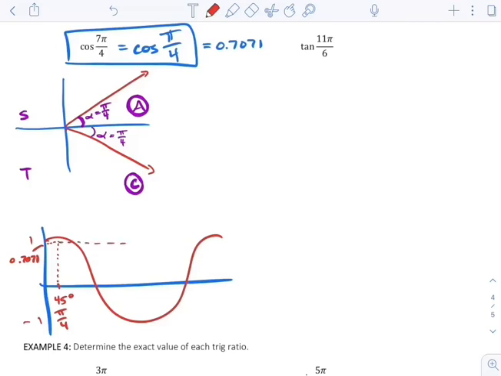It says, where else does that happen? If I go across and down, it happens at 7 pi over 4, or 315 degrees. Both have the same y value, both at the same spot on the graph, right here and right here. That's why there's going to be 2. There'll be 2 everywhere, like 2 here and here, if you think of it that way.